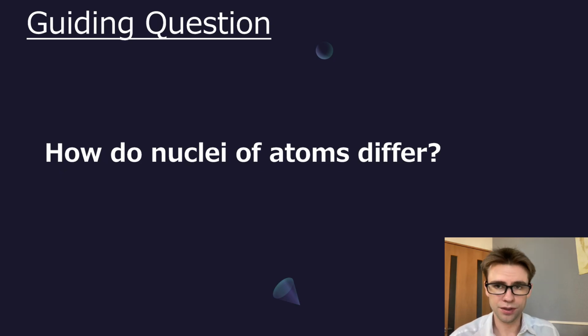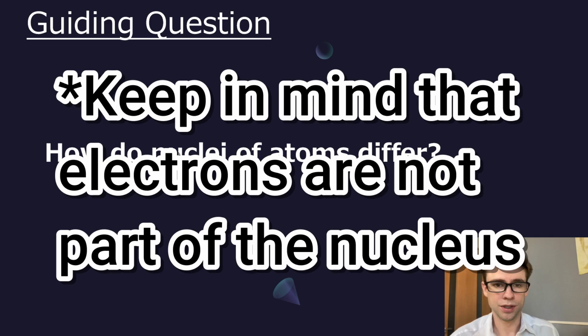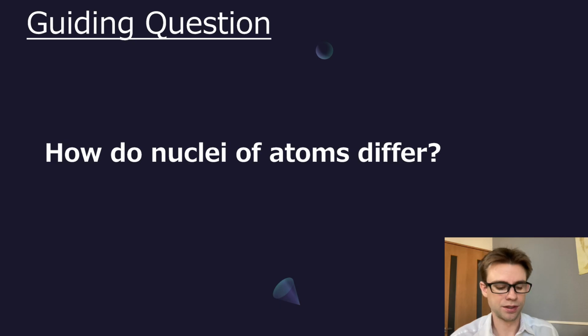When the number of neutrons is different, but the number of protons is the same, we have different isotopes of the same element. When we change the number of electrons, we're just creating different ions, cations or anions, or creating neutral elements if we balance it perfectly with the number of protons in the nucleus. So that's how the nuclei of atoms differ.